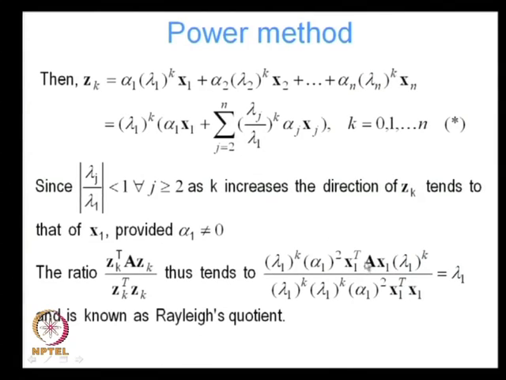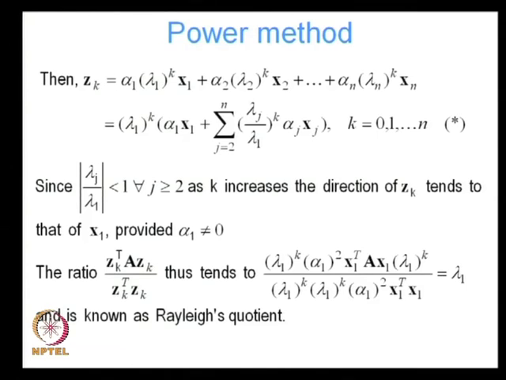Is that clear? So, A x1 is nothing but lambda 1 x1. So, lambda 1 is a scalar, it goes out, x1 transpose x1 cancels out. So, I am left with lambda 1. So, the idea is that I start with an initial arbitrary vector, and I keep on iterating on that initial vector.